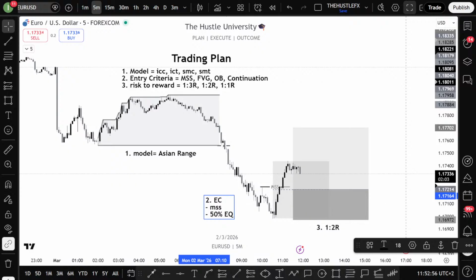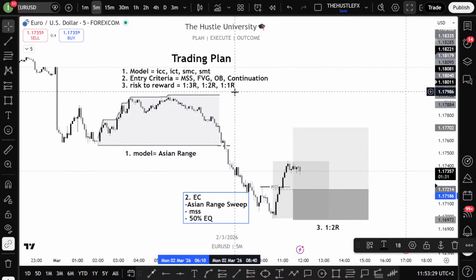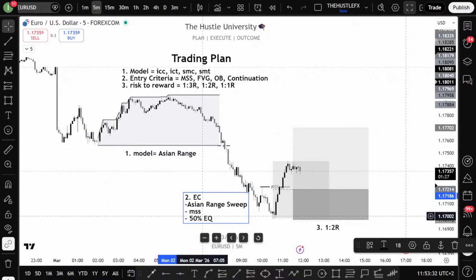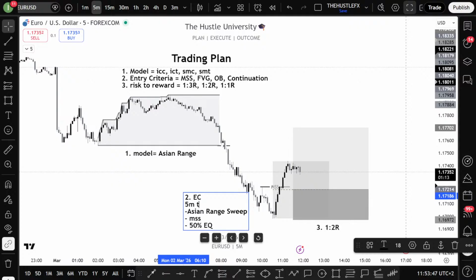Actually, the first thing we want to see would be a sweep, an Asian range sweep, either to the downside or to the upside. We had a sweep to the downside. Firstly, we want to see price give us a market shift on the 5 minute time frame, and then obviously the 50% equilibrium as entry. You get what I'm saying?